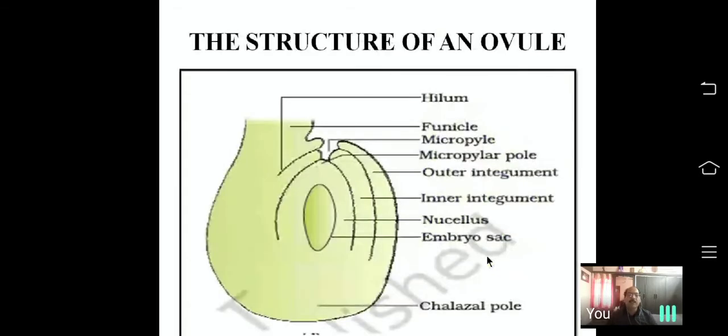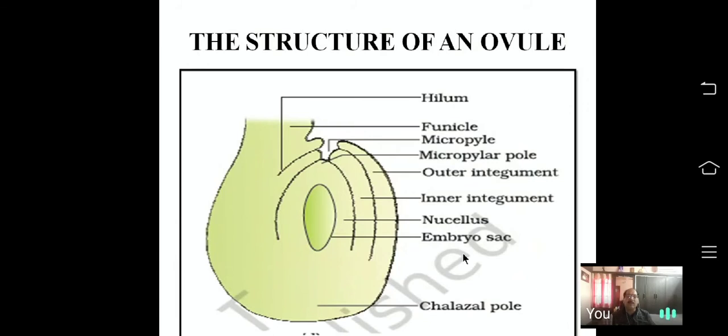This is the ovule. The structure of an ovule. Ovule is also called megasporangium. Where is it present in the plant? Ovule is present inside the ovary. Already you know the ovary.